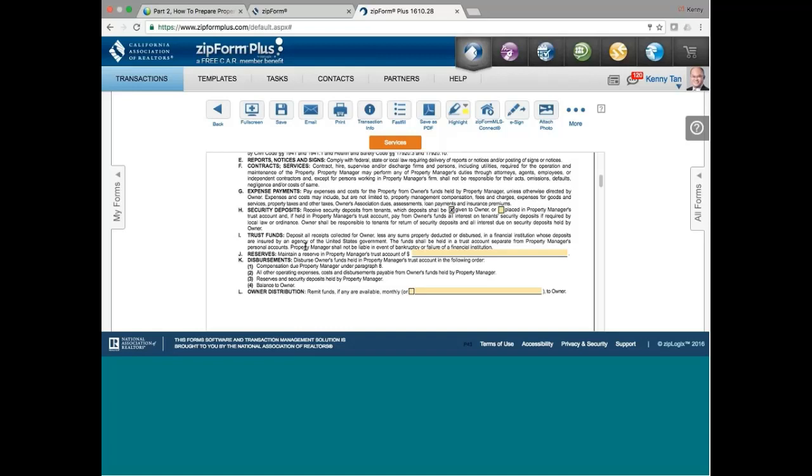Okay, mandatory. Reserve, now that's something to be negotiated. Why do you need a reserve? You need a reserve in your trust account because sometimes when there may be an emergency, you're not able to get a hold of the landlord. So the reserve is actually quite useful to pay for something in an emergency situation.